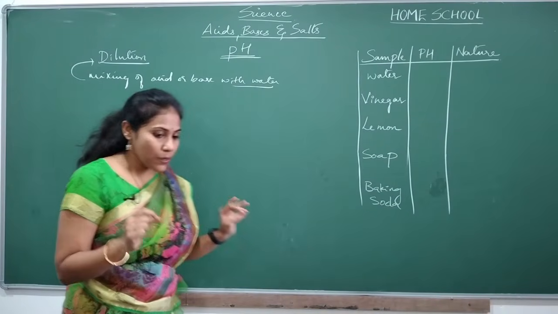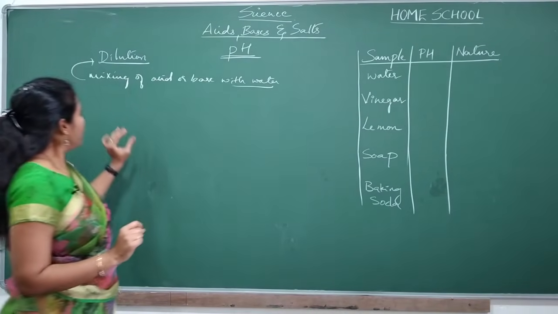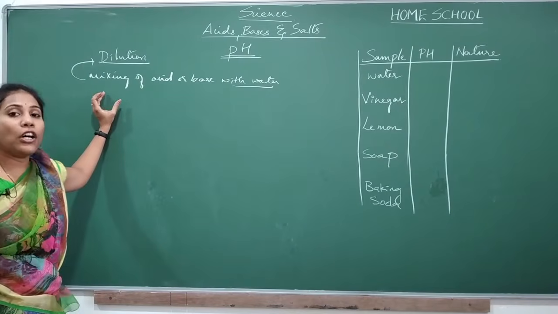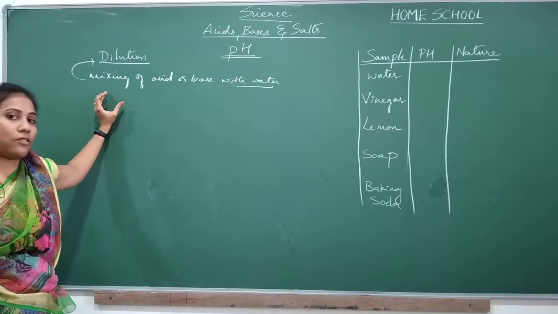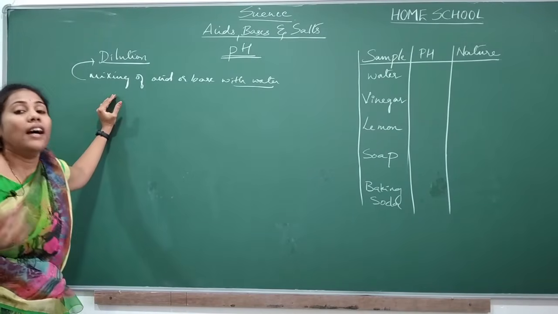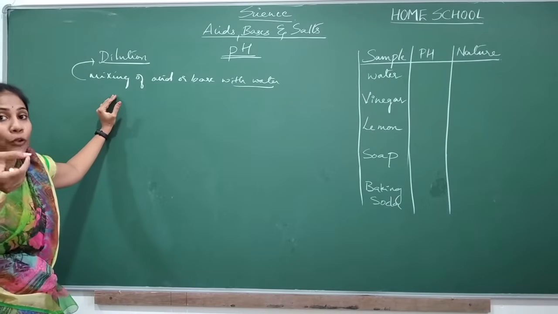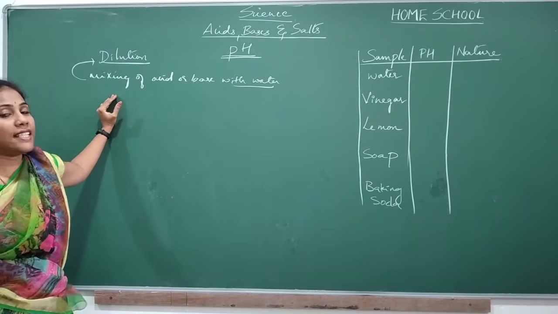So this is what we will study in today's class. Coming to the concept of dilution, we all know dilution is nothing but a mixing process of acid or base with water. Whenever you want to make an acidic solution, you take an acid and slowly add it to water, and that mixing process only we will call dilution.